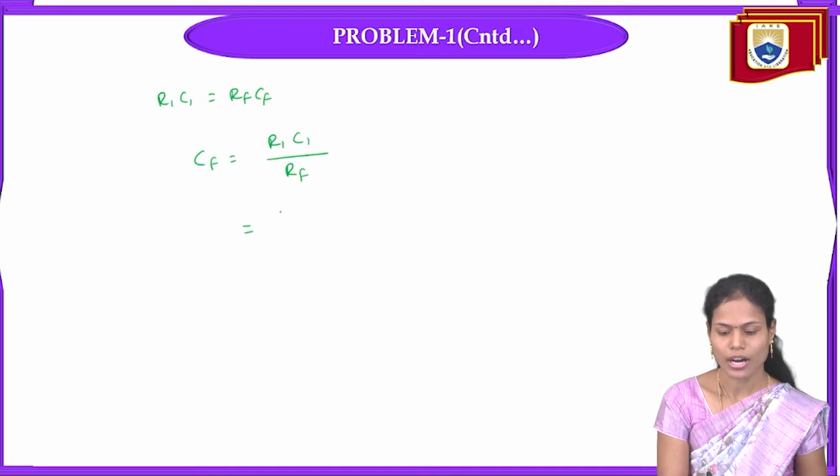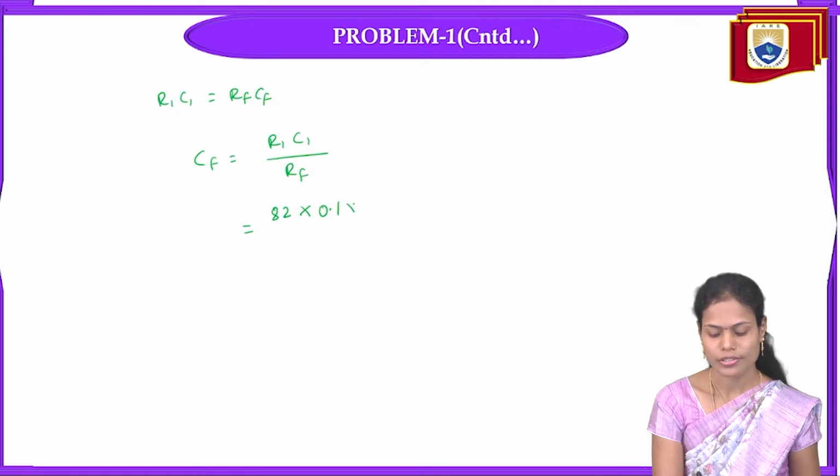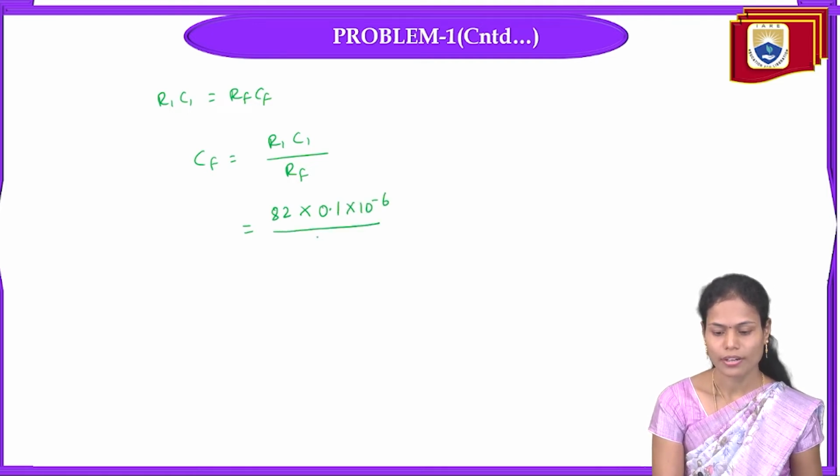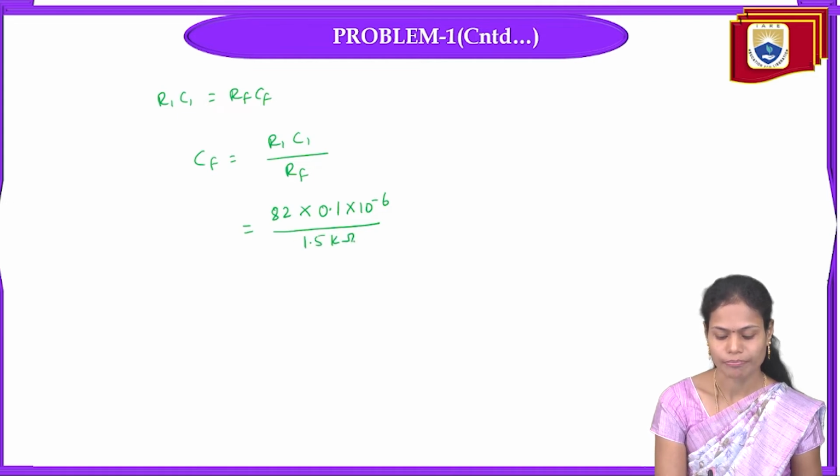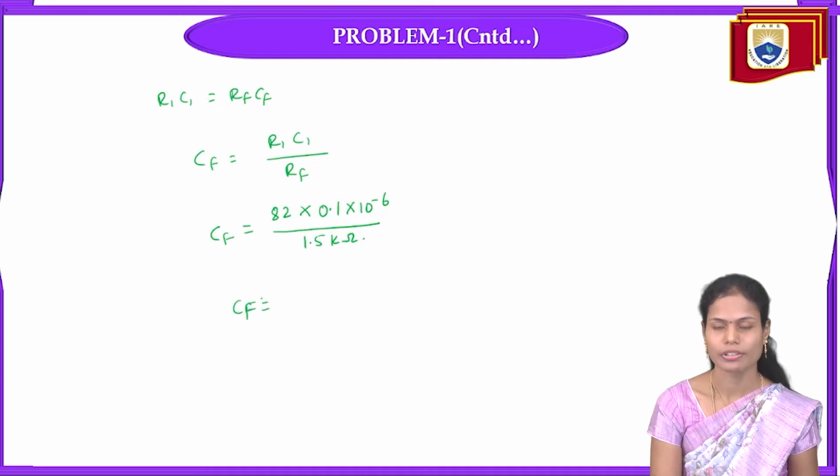So the value of R1 here is 82 and C1 is 0.1 microfarads, that is 0.1 into 10 power minus 6, and RF value we have chosen here as 1.5 kilo ohms. So after simplification, CF value we will get here as 0.0055 microfarads.